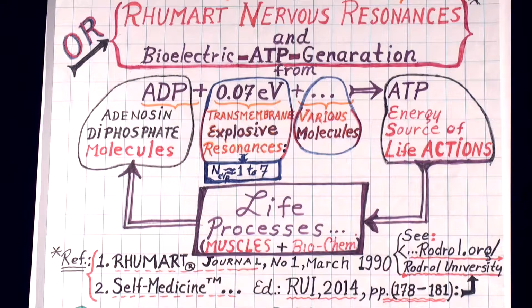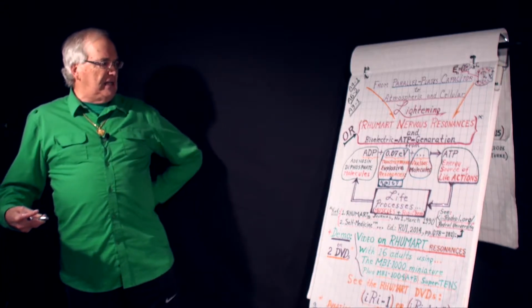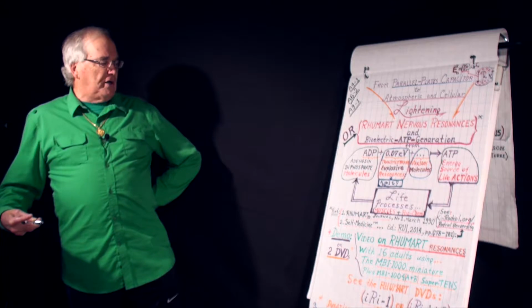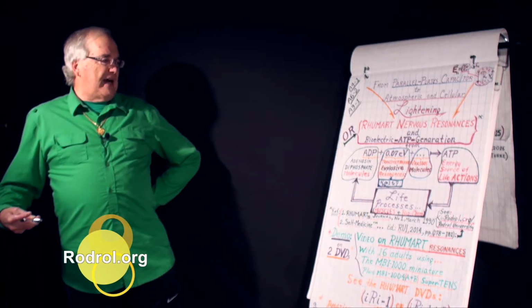Now, of course, the rheumatoid nervous resonances at the synaptic level are discussed in the Rheumatoid Journal #1, written in March 1990, that is 25 years ago. It is available free in English on the Rodrol.org website.